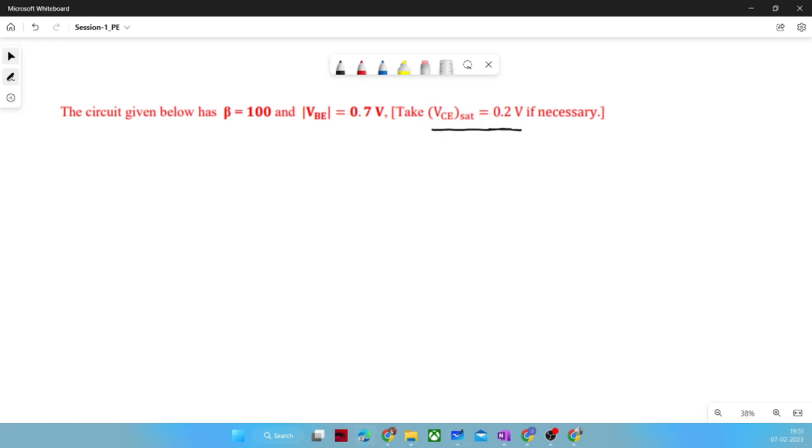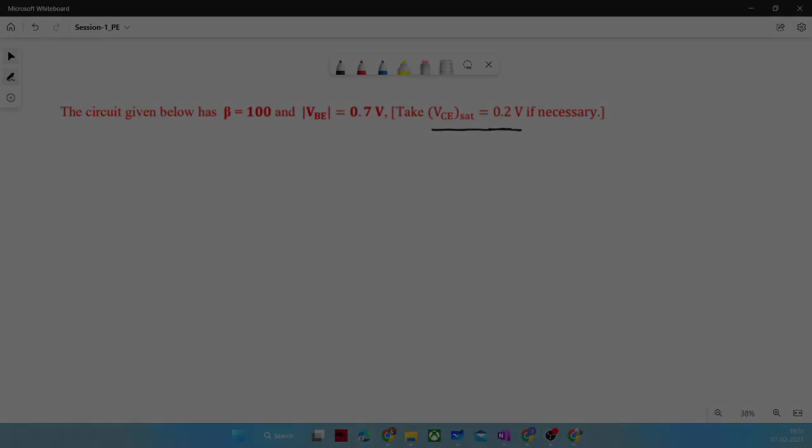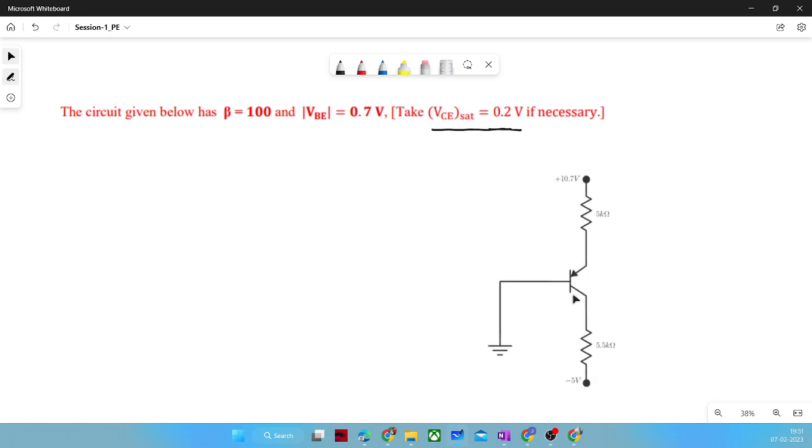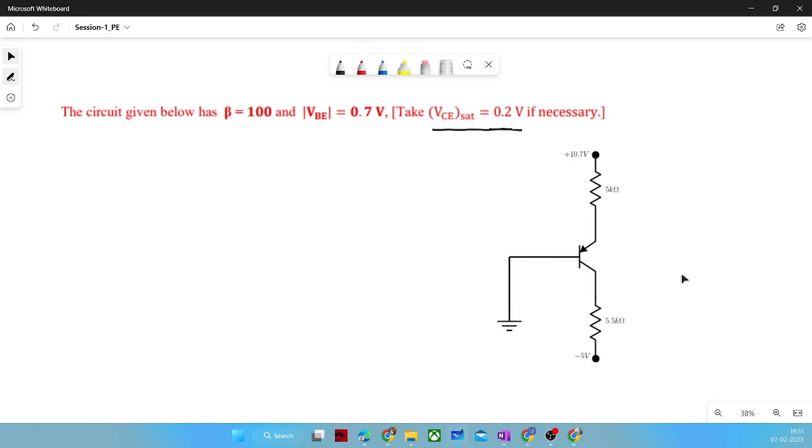Let me bring back the circuit. So this is the circuit and this is a PNP transistor. So here all the terminology will be interchanged. This will be emitter, this will be collector. This is still base. So in this question, we need to find out in which operating region this transistor is working.